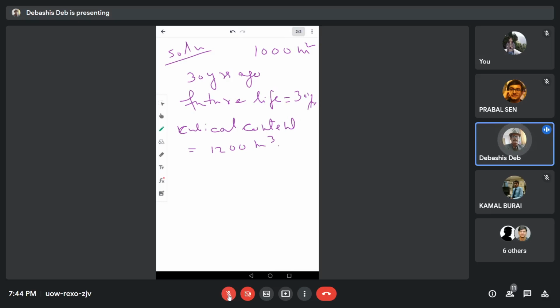Some additional information was given. Value of land in the neighborhood. I believe that I have not mentioned. No, just for additional information, you must write down this.